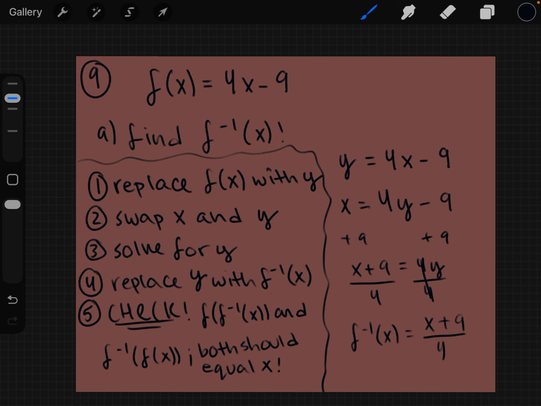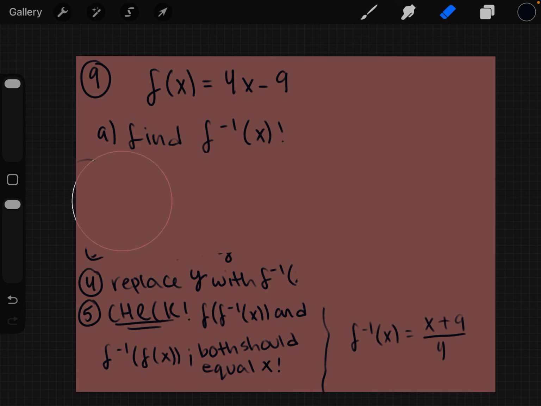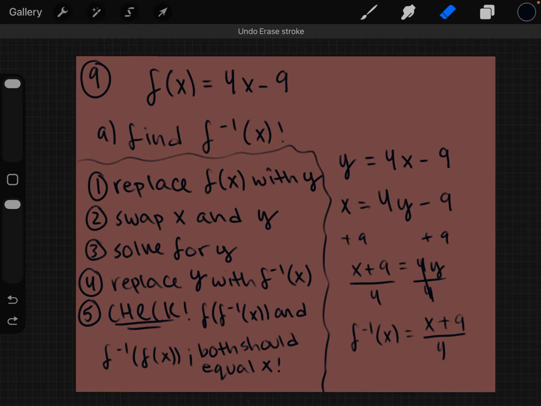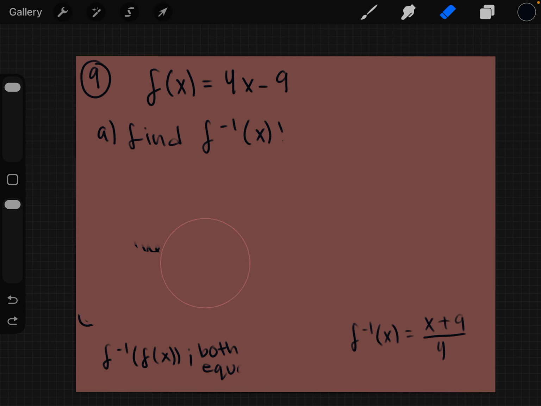But this is a multi-step problem, so we still have another step to do. I'm also going to show you guys a little cheat code. It only works when your problem looks like this.